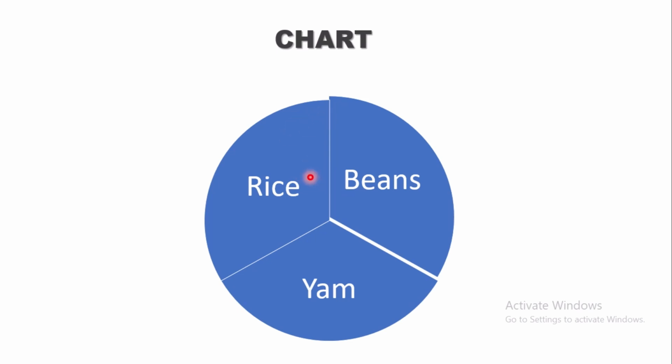It's telling you maybe I love rice, yam and beans in the same proportion, or I love beans more than yam, or yam more than rice or beans. We could manipulate this to reduce the portion of beans and rice, to show that I love rice more than yam or beans. So the non-narrative representation of information is a chart, and it's an object.